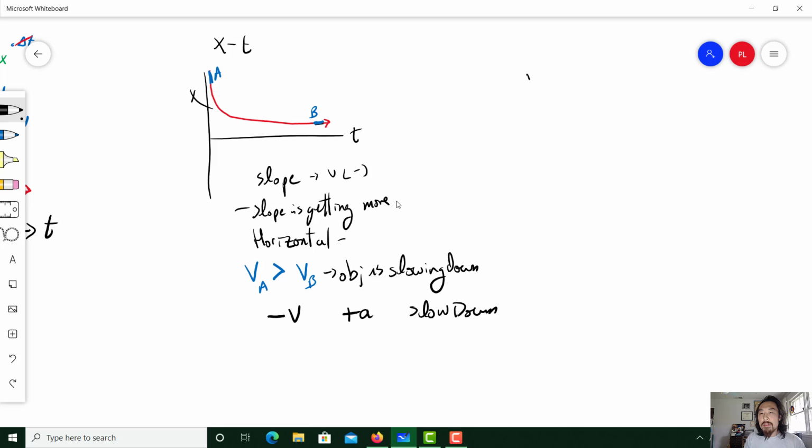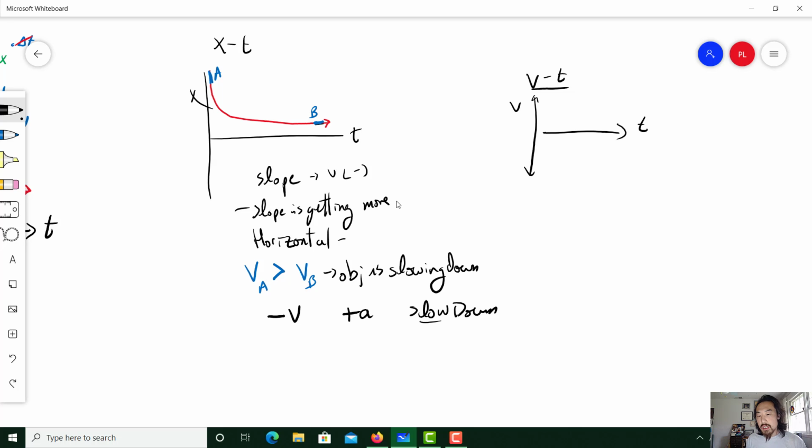Okay, so let's go to the next graph. Let's do a velocity versus time graph. We'll do it over here. So we have a velocity versus time graph right here. And what we have to do is take this information that we just discovered over here and translate it to this velocity versus time graph. We have a negative velocity, and it is slowing down.